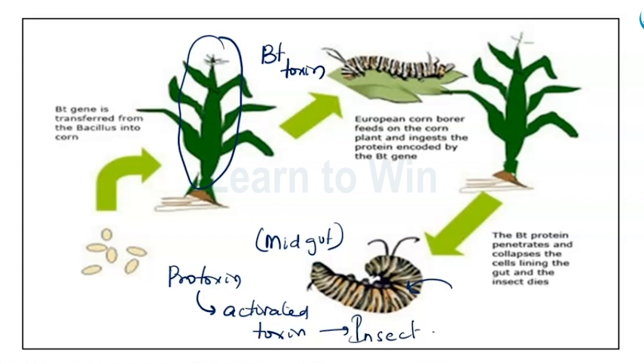And this Bt toxin is in no way harmful to the plant, because it is active only in alkaline pH, and in the plant itself it will remain as a protoxin. So this is Bt cotton.